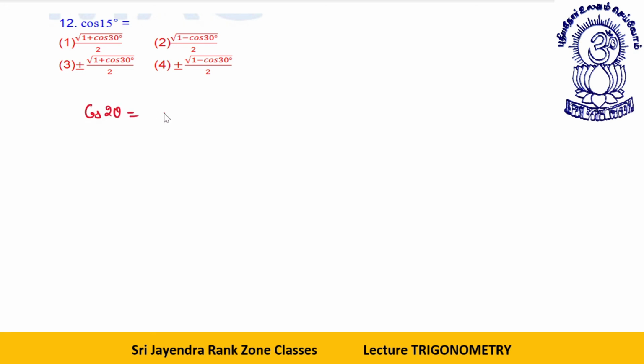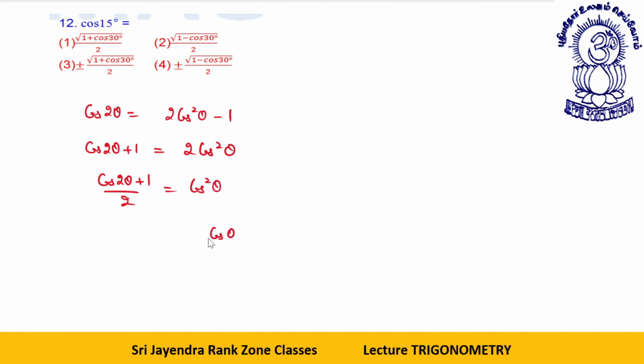Cos 2 theta is equal to 2 cos square theta minus 1, or cos 2 theta plus 1 is equal to 2 cos square theta, or I can say cos 2 theta plus 1 divided by 2 is equal to cos square theta, or finally I will say cos theta is like the root of 1 plus cos 2 theta divided by 2.